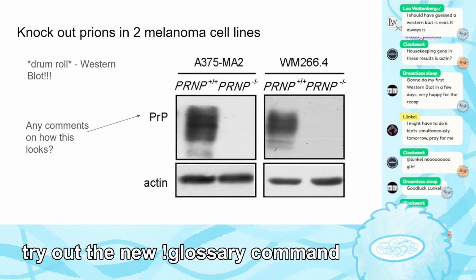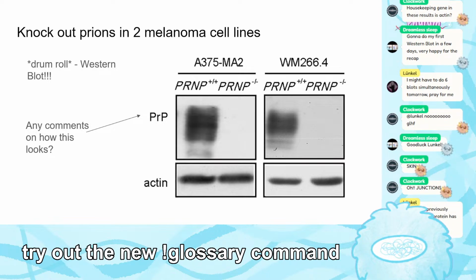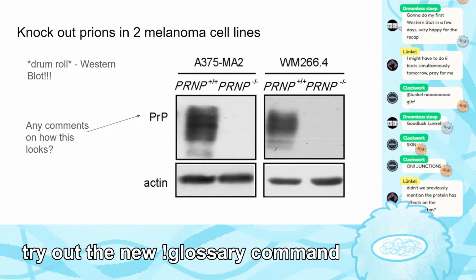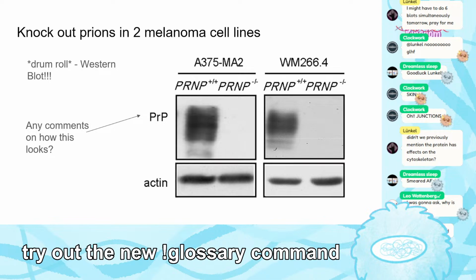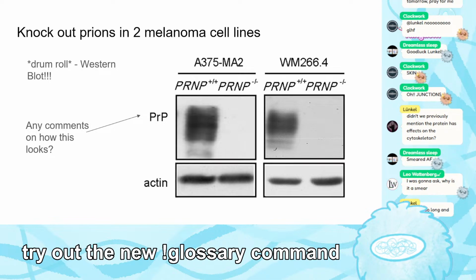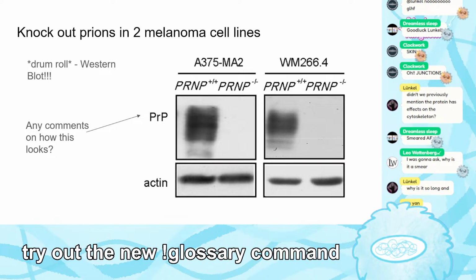Even if you're not a biologist, compare the shape of this blot to the actin blot. Is there anything weird about how these shapes compare to the very clean actin band? Why is it so long? It's smeared. Why is it a smear? Yeah, exactly. That's kind of interesting, right?